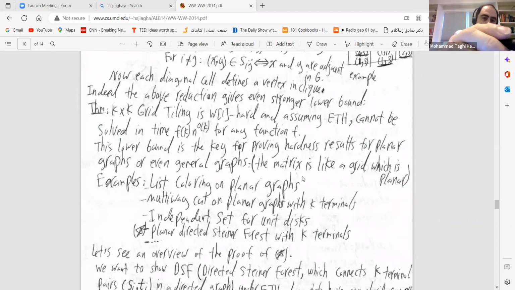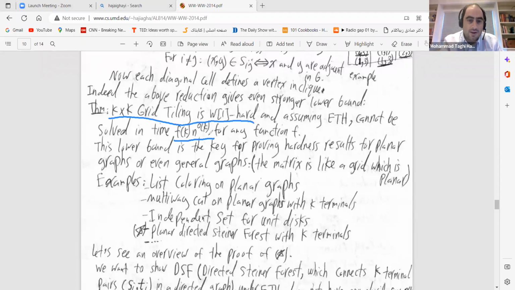Because of this theorem, because of the reduction we mentioned for clique, this k by k grid tiling problem is W[1]-hard. And assuming ETH, you cannot do anything better than f(k) n^{o(k)} for this problem.